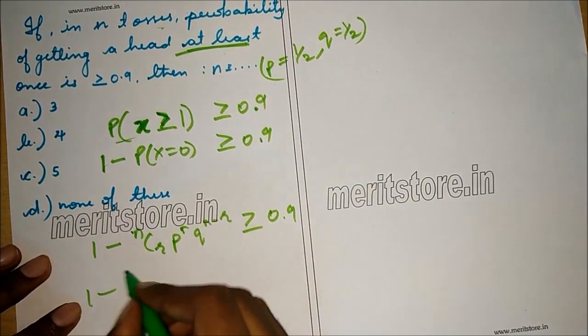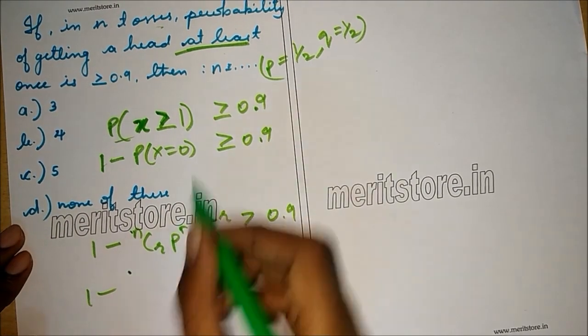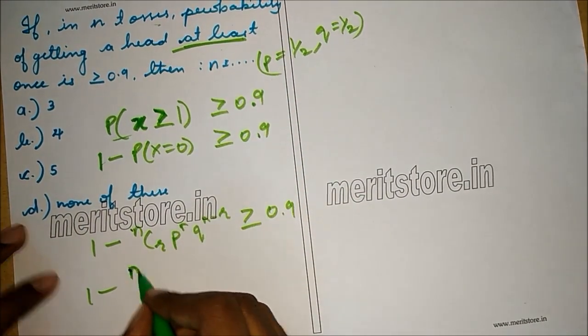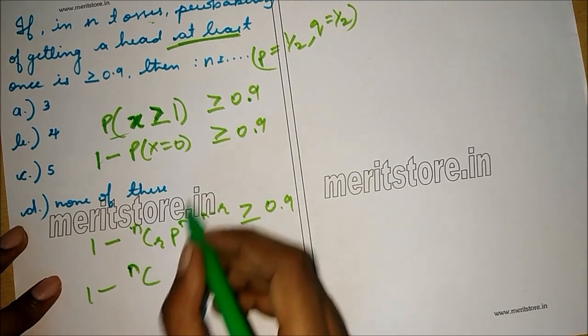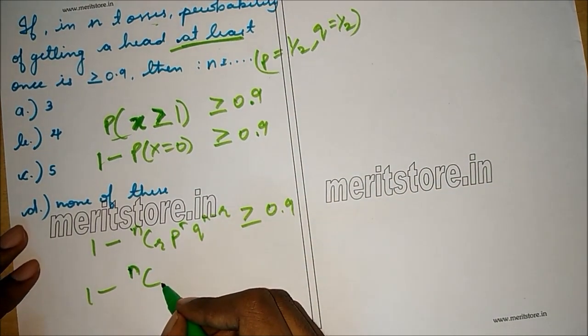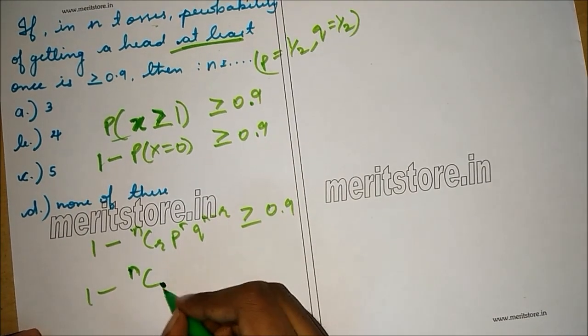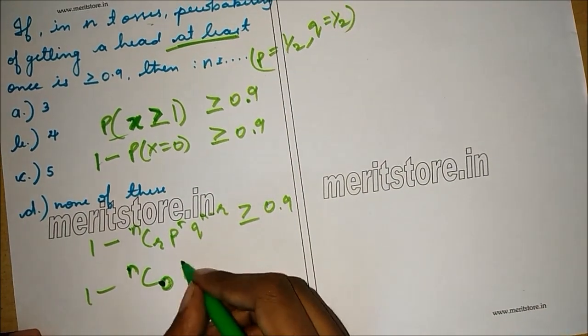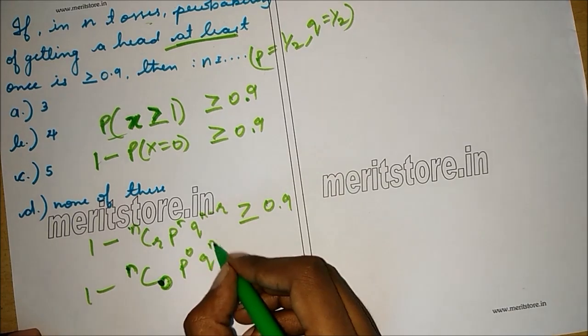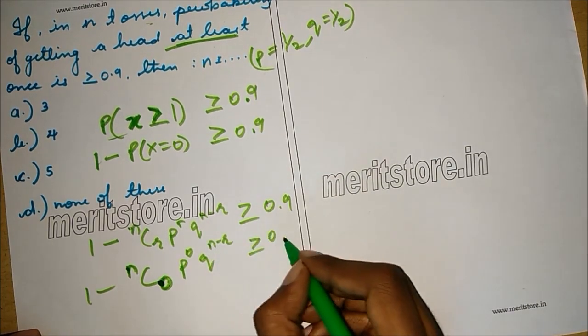So 1 minus nC, where r is 0 in this case, p raised to 0, q raised to n minus 0 is greater than or equal to 0.9.